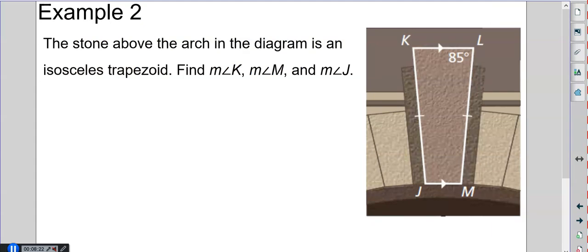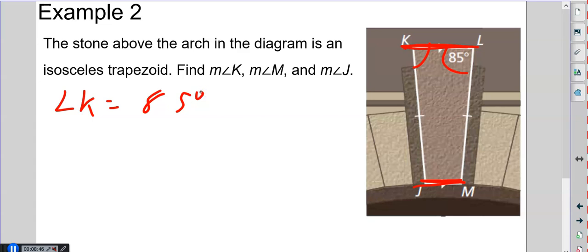Okay, the stone above the arch in the diagram is an isosceles trapezoid. Find the measures of K, M, N, and J. All right, well, this is a base and this is a base. So these two angles are going to be equal, so angle K is 85 degrees.